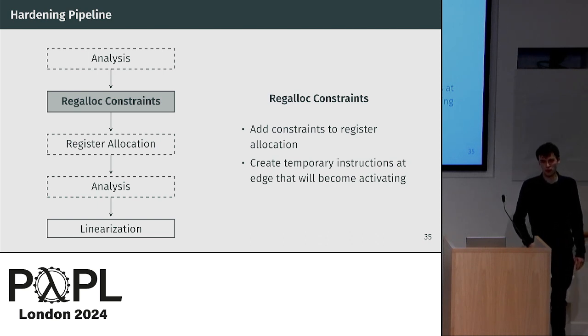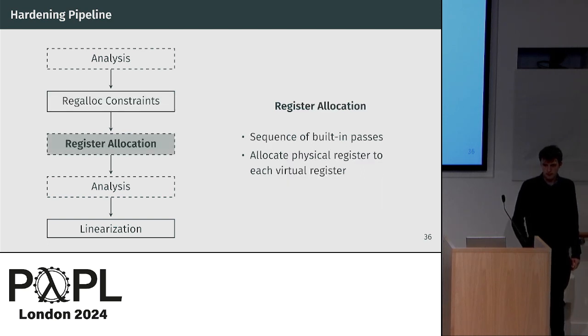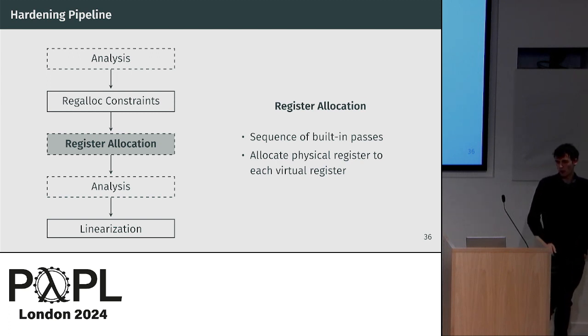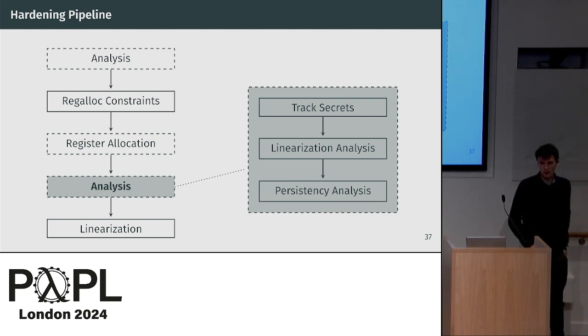Based on this information, we prepare for register allocation by adding some constraints, which we do by inserting temporary instructions. Then register allocation takes place, in which a physical register is assigned to each virtual register. And then we run the same three analysis passes I described before again.